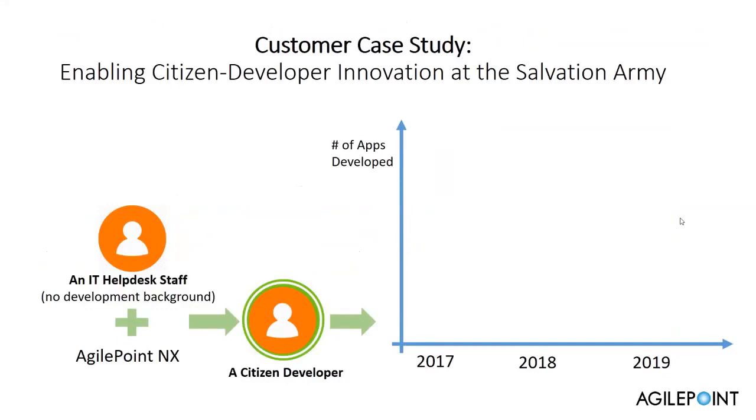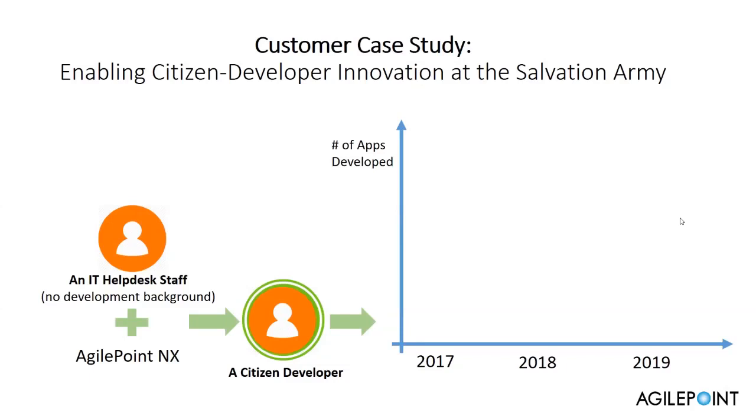The Salvation Army was not realizing their application development goals, so they went into the teams and found a power user and enabled them to build applications using AgilePoint.